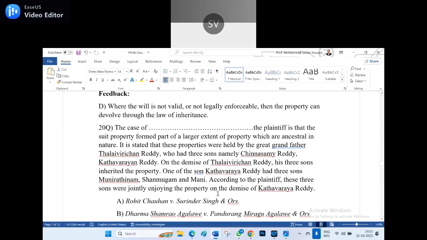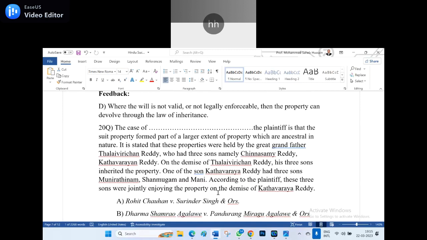Now the 20th question. In the case of a dash, the plaintiff states that the property formed part of a larger extent of property which was ancestral in nature. It is stated these properties were held by the great grandfather, Talarai Virichan Reddy, who had three sons, namely Chinnasamy Reddy and Kantavaryana Reddy, and on the demise of Taliyar Virichan Reddy his three sons inherited the property.